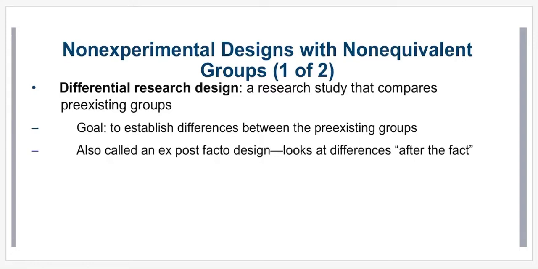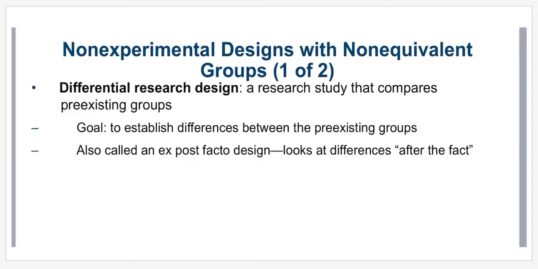Those are obviously pre-existing groups, right? They didn't assign them to an astrological sign. They are what they are depending on when they were born. And so they compared those pre-existing groups on their car accidents to see if there really is a difference between them on the number of accidents that they have in vehicles.